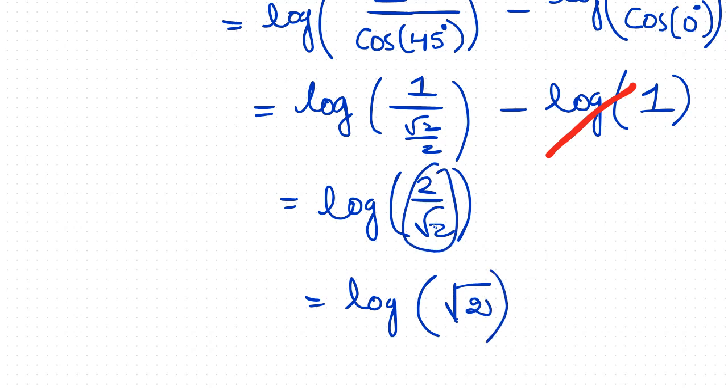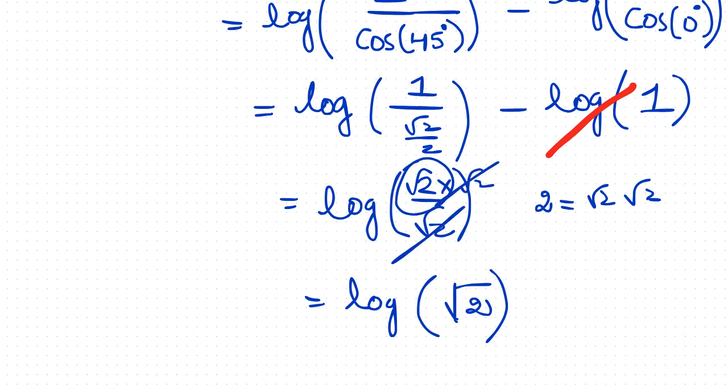Do you know why? We will multiply by root 2 over root 2, so root 2 into root 2 is 2. The 2 cancels, and it will be root 2.